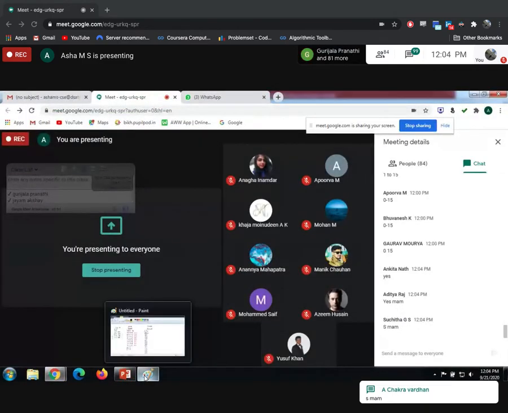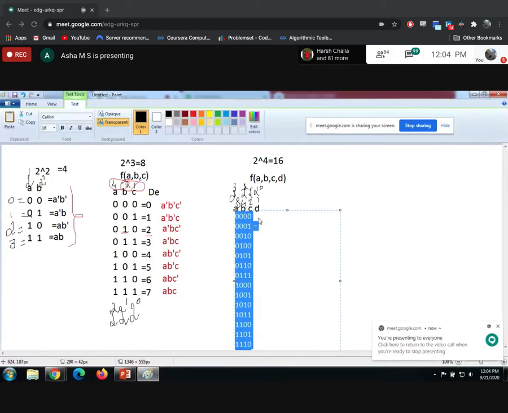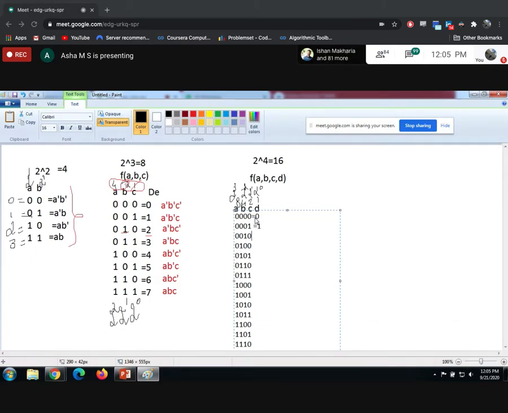Yes, okay. Shall we write it in terms of products? Before that, let me write in the decimal. So this represents decimal 1. Sorry, where 0 went? Oh, 0 is here. So this is decimal 0. This is decimal 1. This is decimal 2. This is decimal 3.